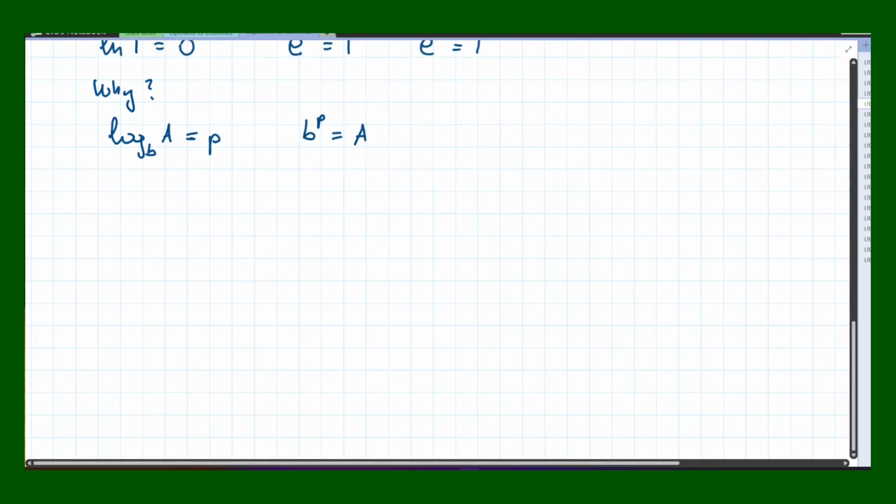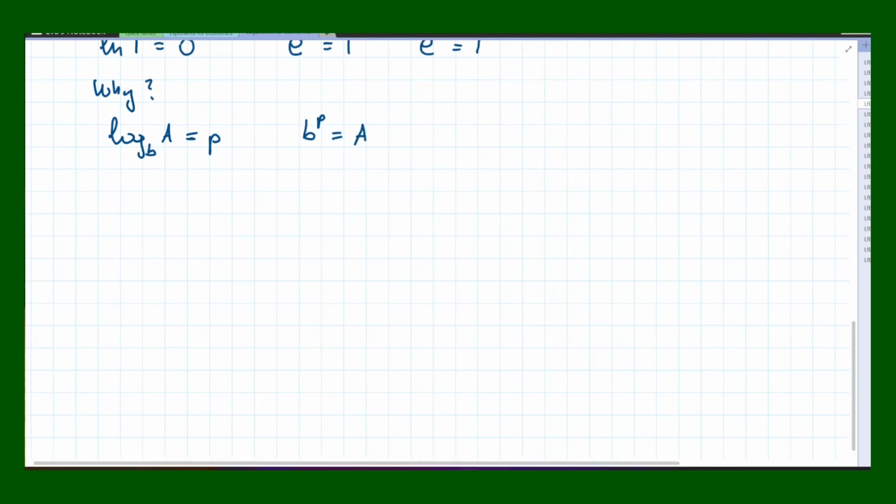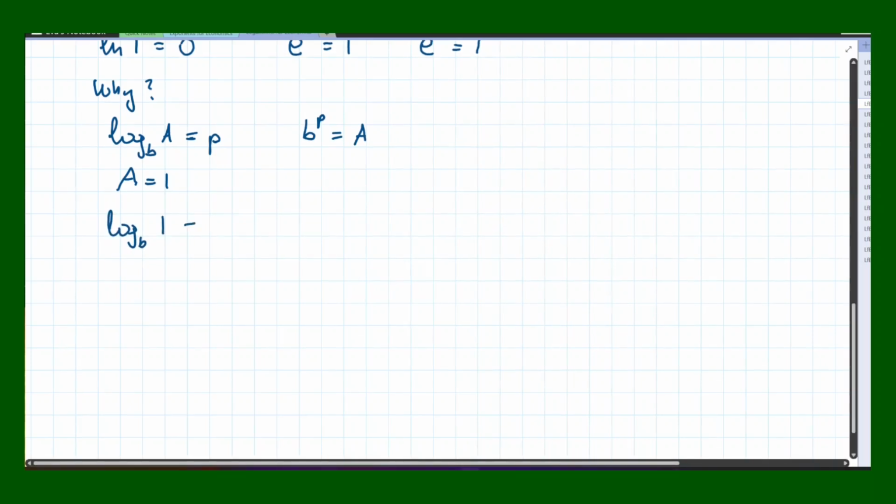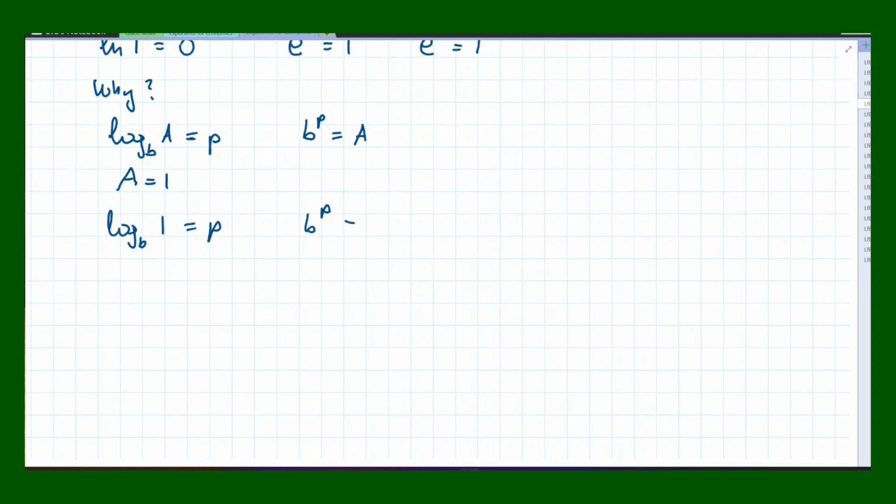So let's discuss what difference it makes if I change the argument to number 1. So what happens if the argument is equal to 1? So log base whatever of 1, what power is that equal to? Well, b raised to the power has to now be equal not to just the argument but the specific argument of 1.